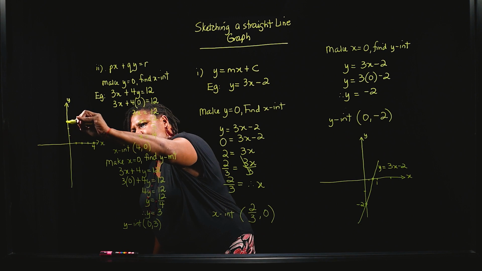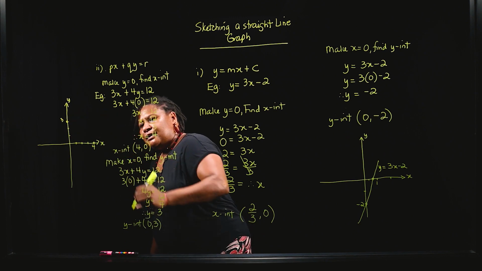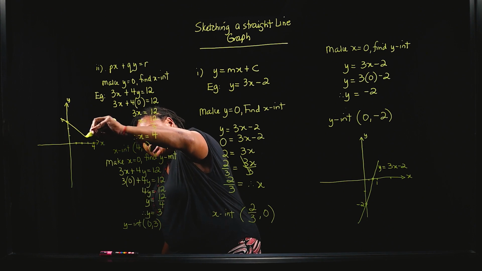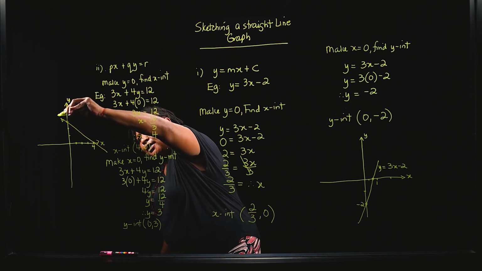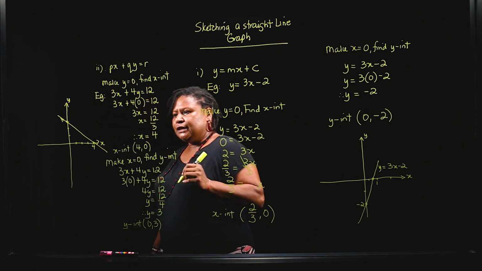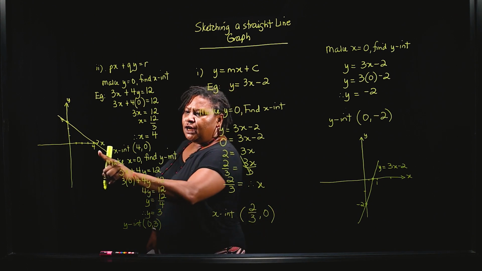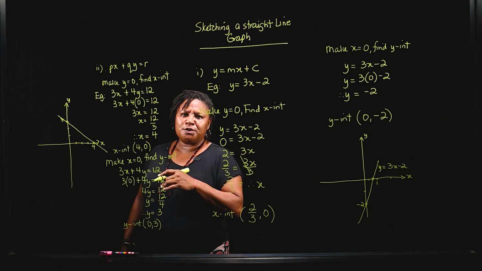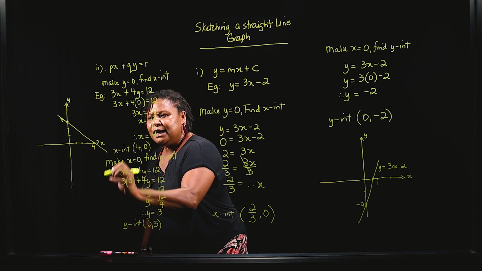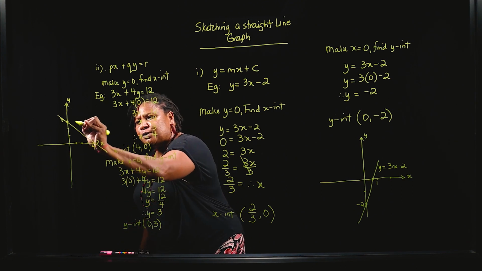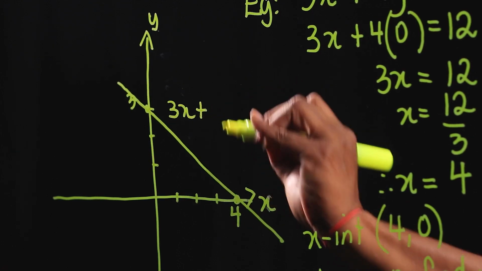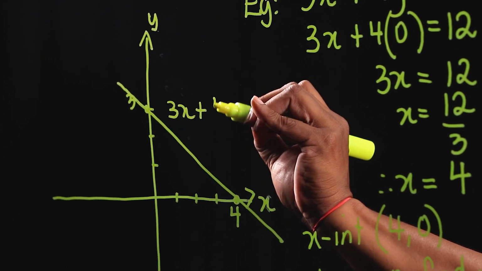Okay, so positive 3 is up here. And simply connect those 2 points and form your line. All right? So once you have your x and y intercept, you plot it and you connect those 2 points and you have formed a line. Remember that your equation must be there to say that that is the line of this equation.